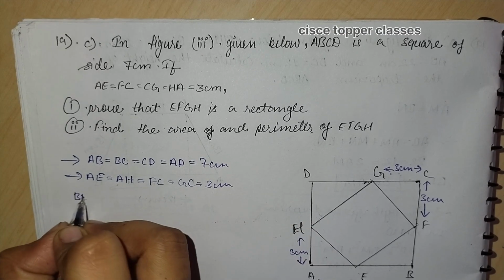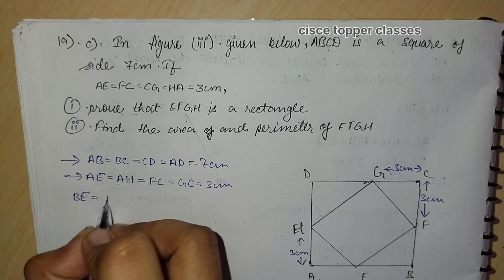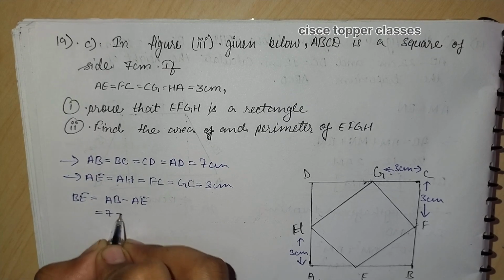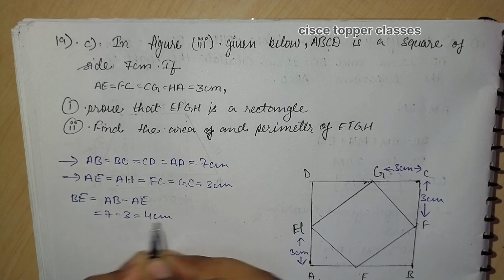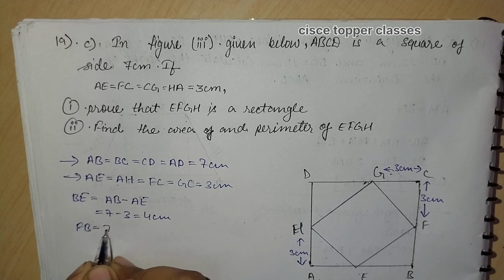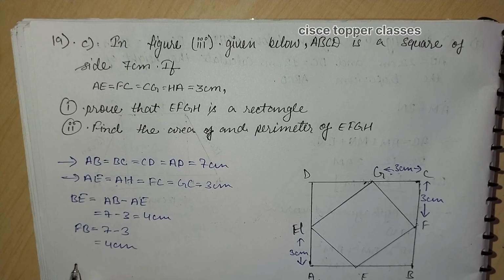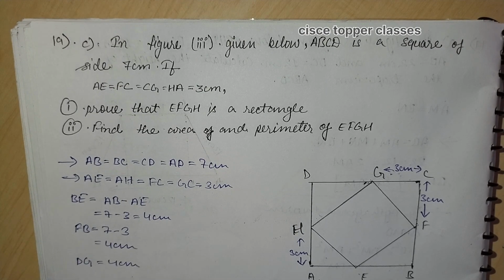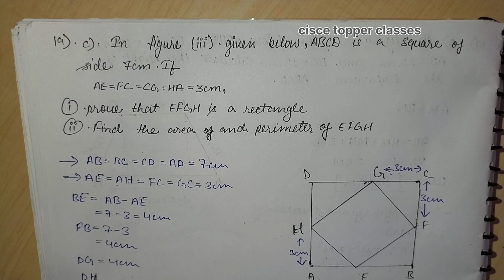Now we can find the value of BE as AB minus AE. So this will be 7 minus 3 equal to 4 centimeters. Again FB will be 7 minus 3, which is also 4 centimeters, and DG will similarly be 4 centimeters, and DH is also 4 centimeters.